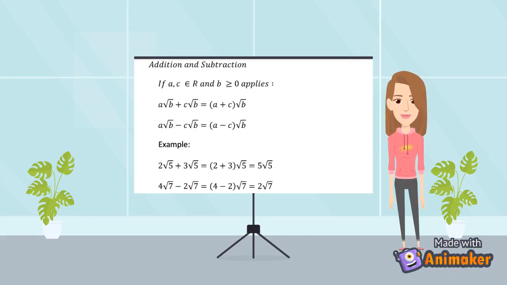If a and c are real numbers and b is greater than or equal to 0, then a square root of b plus c square root of b equals a plus c times the square root of b, and a square root of b minus of 5 equals 5 square root 5.